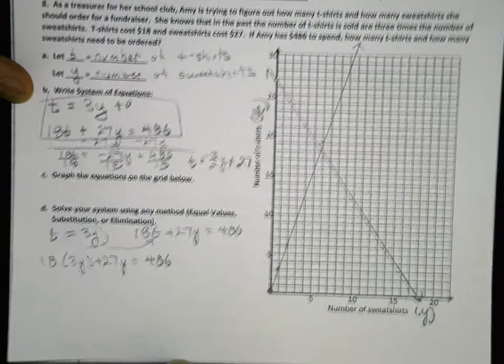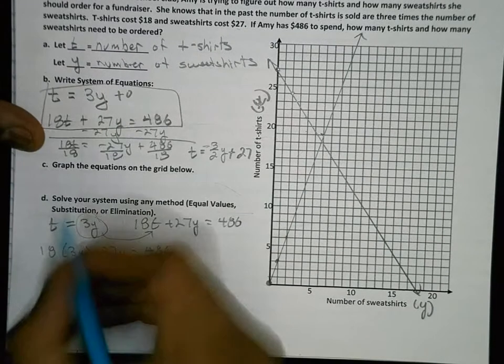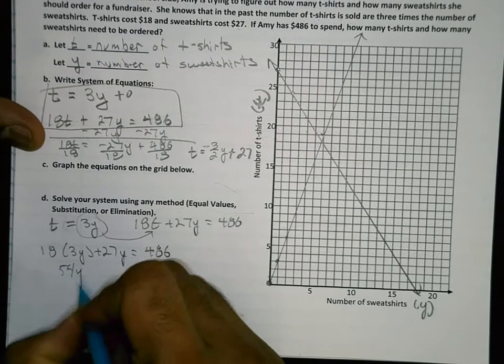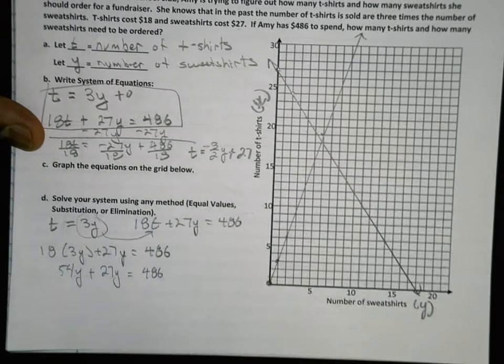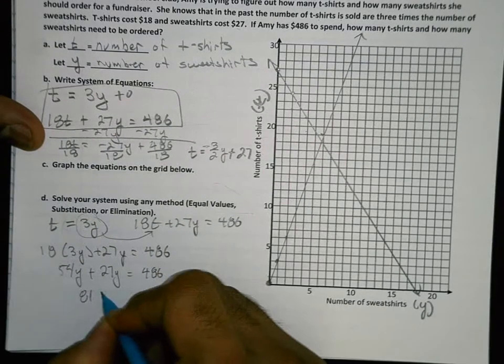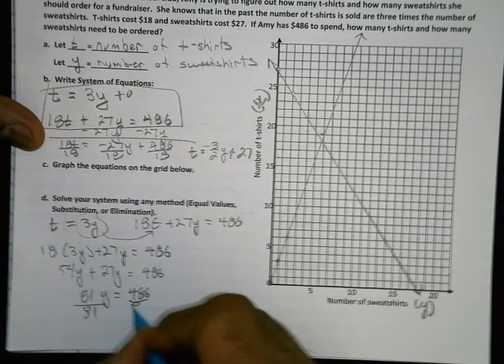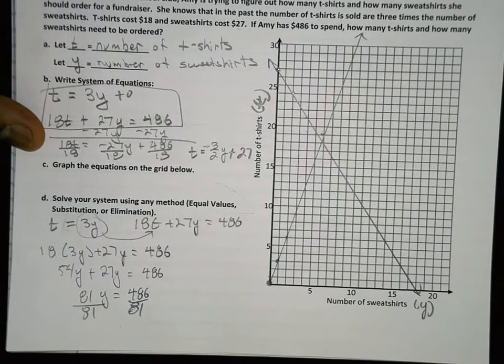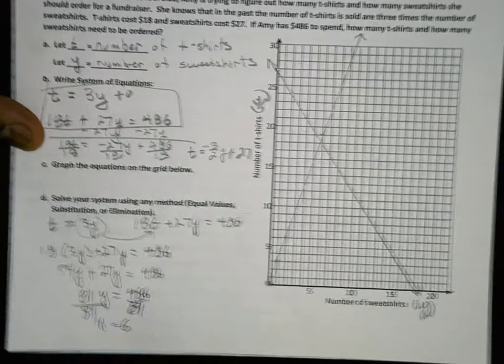Okay. I'll go ahead and solve. So 18 times 3 is 54 plus 27y equals 486. 81y equals 486, divided by 81. And y equals 6.